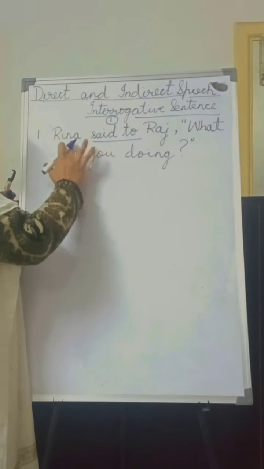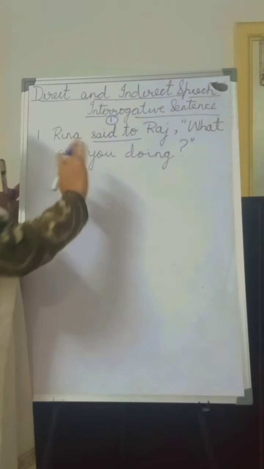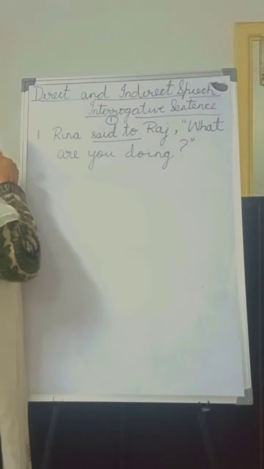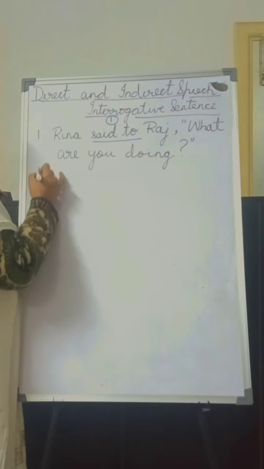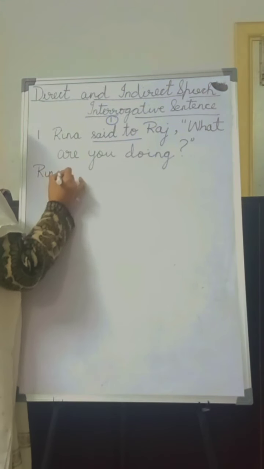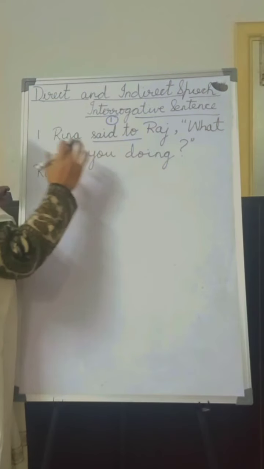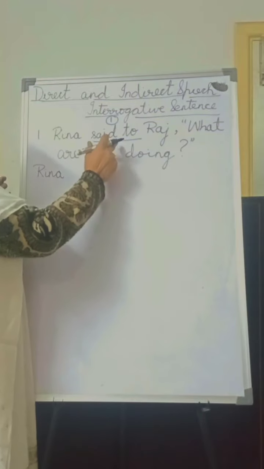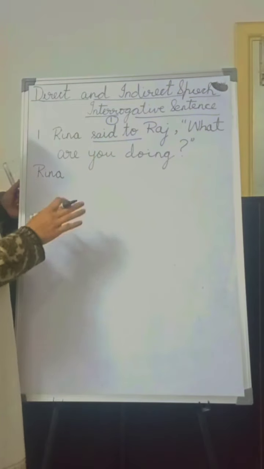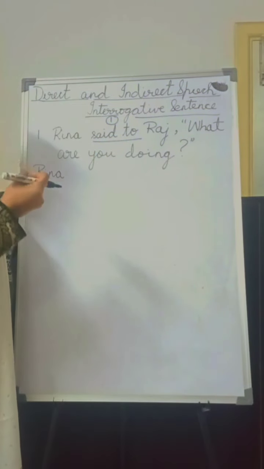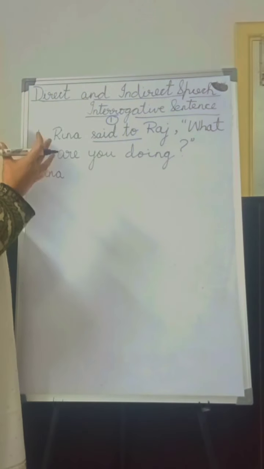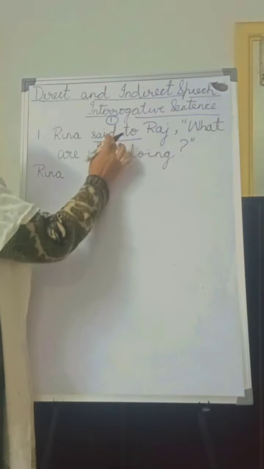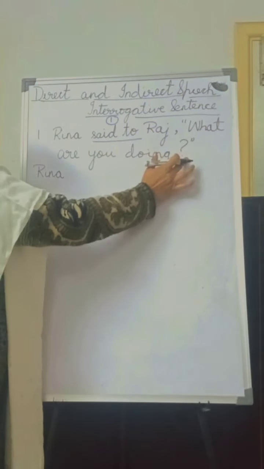We already know that the speaker and the listener we are not going to change, we are just going to copy that. Alright. So I will copy Reena. In a declarative sentence, we were supposed to write told in place of said to, but as I told you, there are some differences between declarative and interrogative sentences. So, what is the change here? Said to, as it is a question.